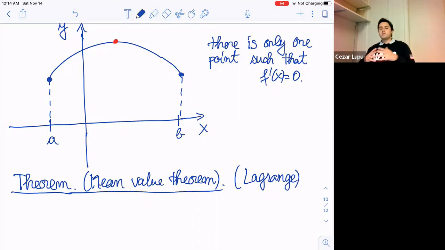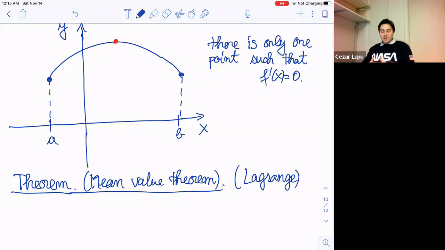Well, you know, there is still a dispute. Well, he's French, but some Italians claim that he's Italian because his actual name was very Italian. It was Giuseppe Luigi Lagrangia. So you see the Italian version of Joseph Louis Lagrange.